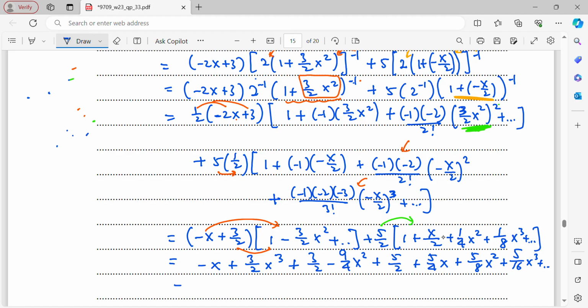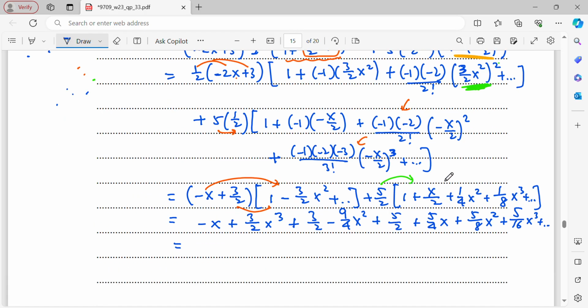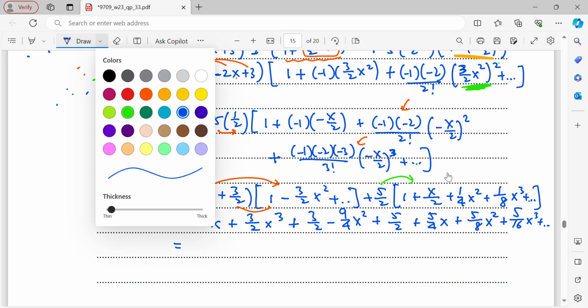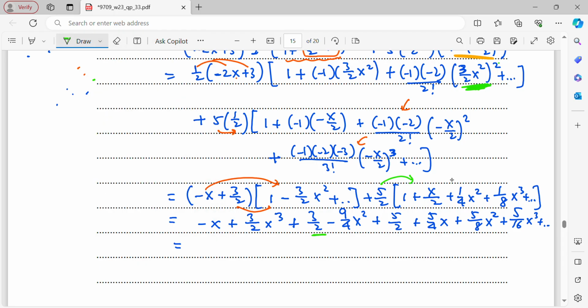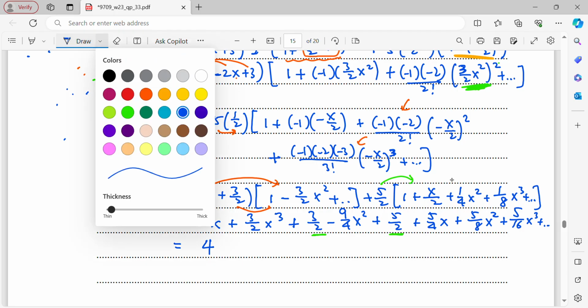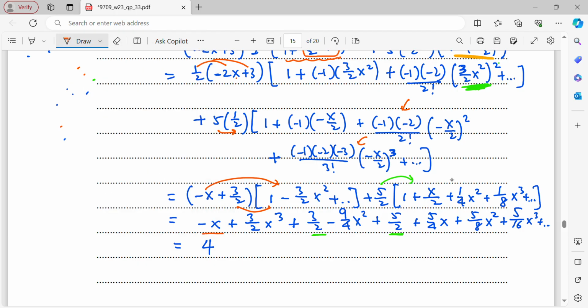Okay, then now lastly simplify. For the constant, I will have 2 constants here, 3 over 2 plus 5 over 2. So we get 8 over 2, which is 4. Then followed by minus x, then plus 5 over 4 x, so you will get plus 1 over 4 x.